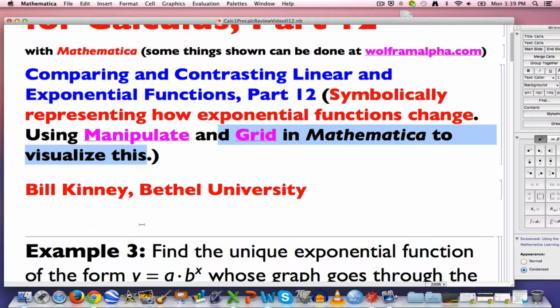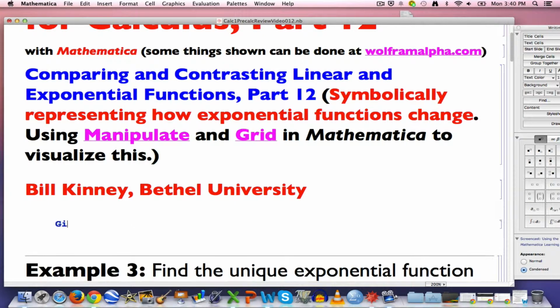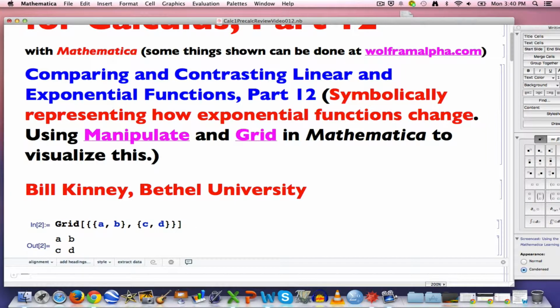Alright, before we get to the main math, let's focus on the syntax for grid and see what it makes. Again, it makes matrices. It makes arrays, you could call them. For example, if I want to make a 2 by 2 matrix where the letters A and B are in the first row and the letters C and D are in the second row, this is the syntax. There you have it. No parentheses, that's okay.